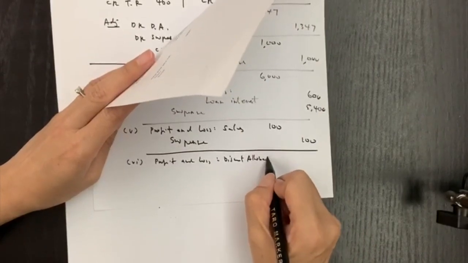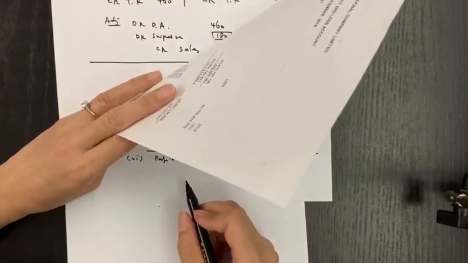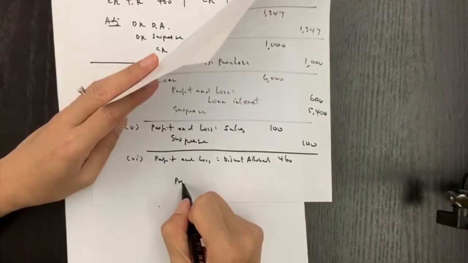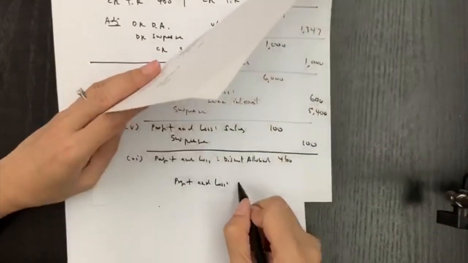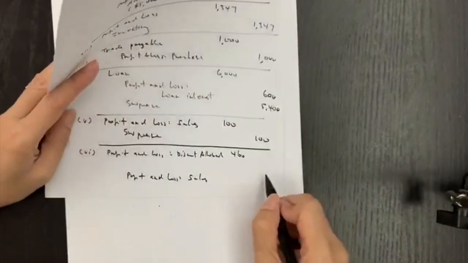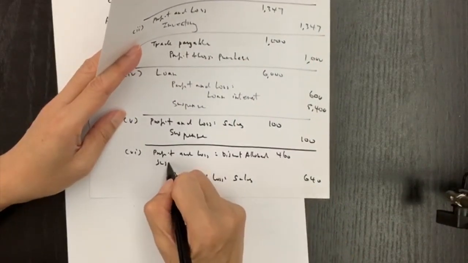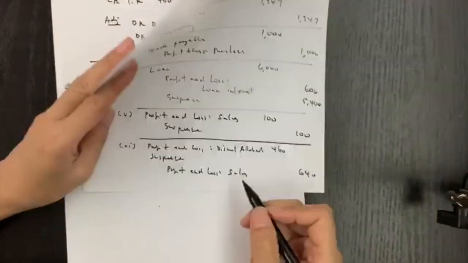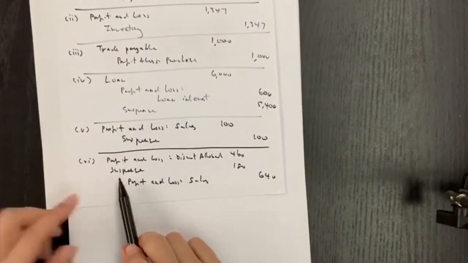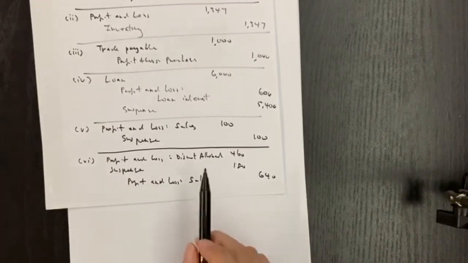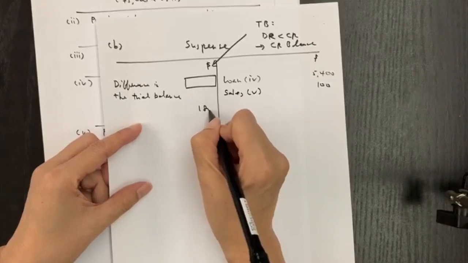Marks will be deducted if we use abbreviation. 460, and then credit also profit and loss because of sales by 640, and then insert on the smaller side the suspense account 180. So here debit suspense 180.